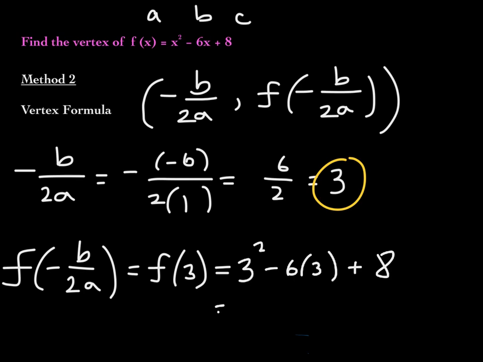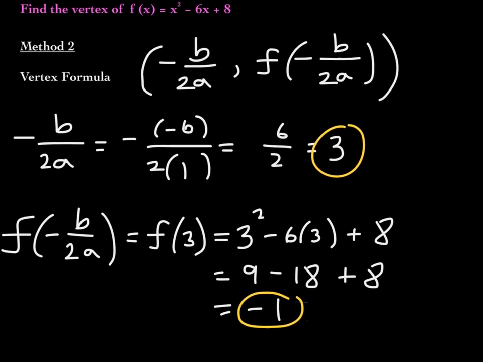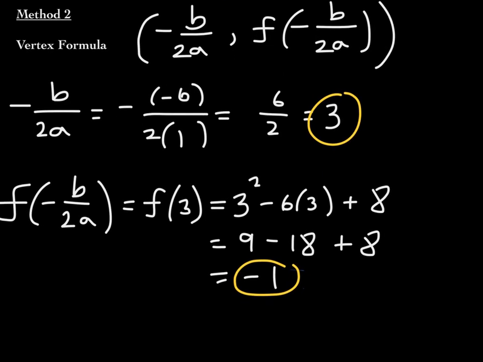It'll be what? 9 minus 18 plus 8. So all of this gives you negative 1. So you can see that your vertex is 3, comma, negative 1. So there's 2 different ways to find the vertex. Either complete the square or use the vertex formula. Up to you.